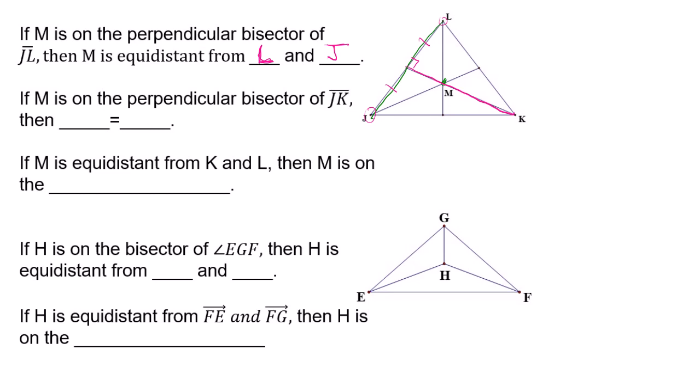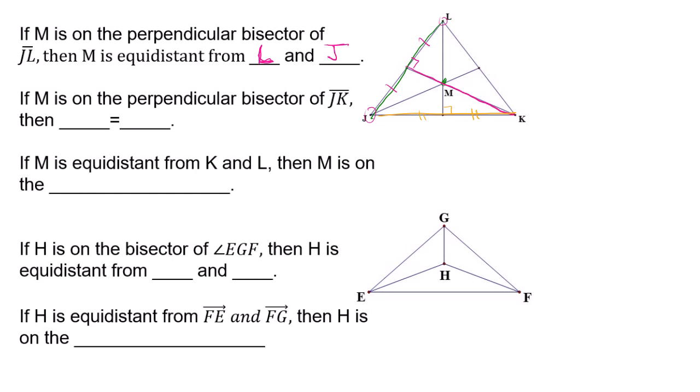All right. So now it's: if M is on the perpendicular bisector of JK. Okay, so we have JK here. Find a different color. And M is on the perpendicular bisector of it, so that means this is perpendicular. These are congruent. Then that means that what equals what?